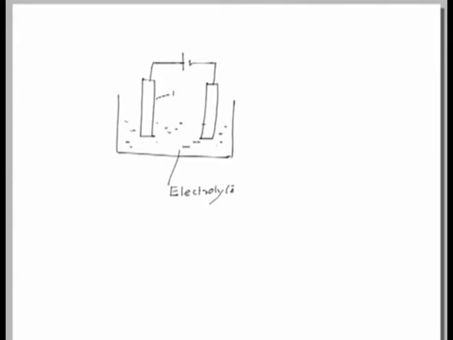These are the electrodes. Now, as we have already discussed in the beginning of this session, there will be some hydrogen gas developed here, or otherwise we can say water will be dissociated into H and OH, anions and cations.